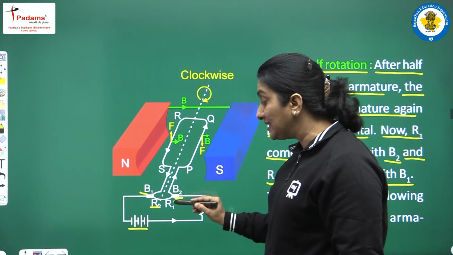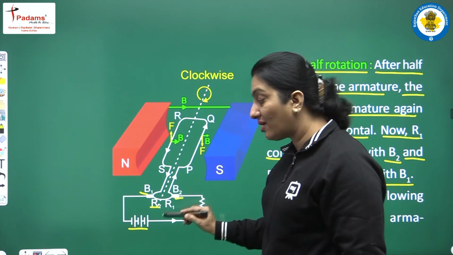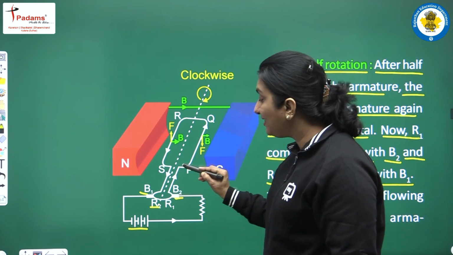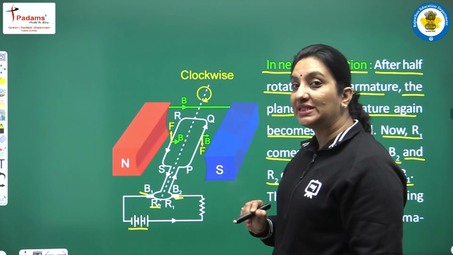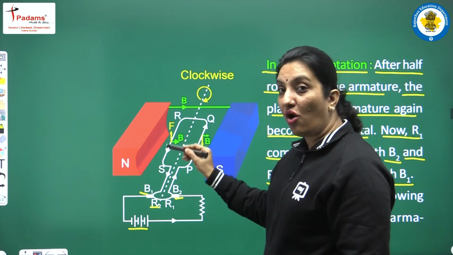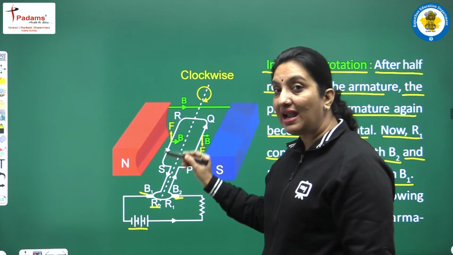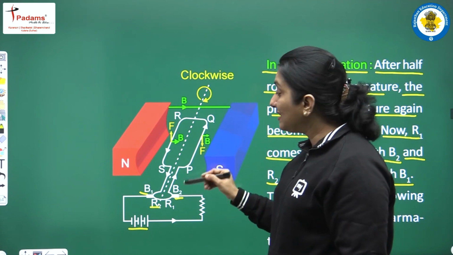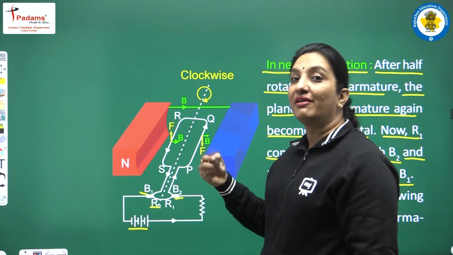Since B2 is in contact with R1, the current will flow through the slip ring R1 in this direction. So what we see is that the direction of current is again anti-clockwise, but the direction of current in the arms has been reversed.